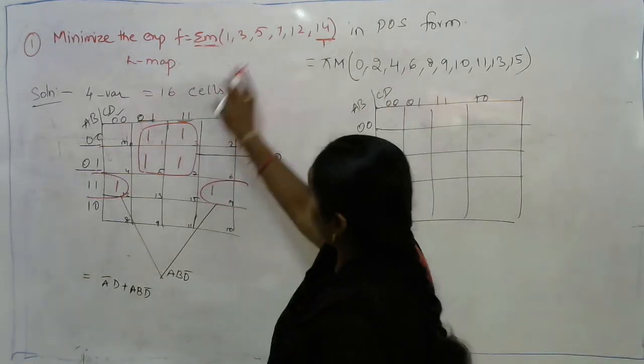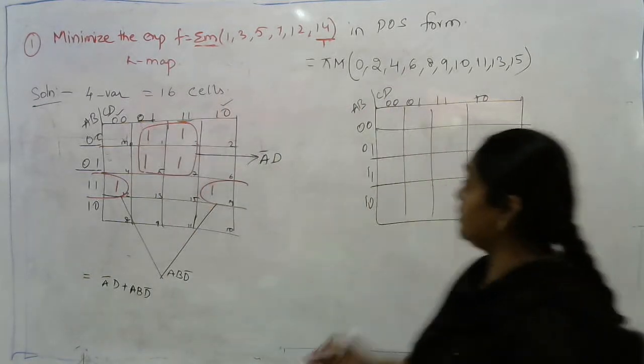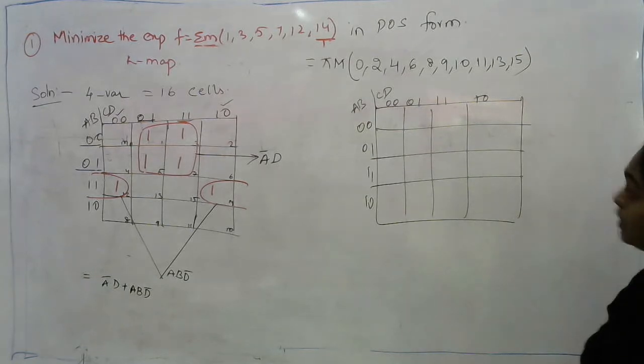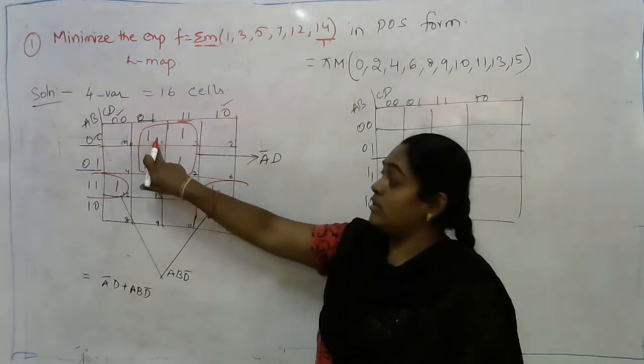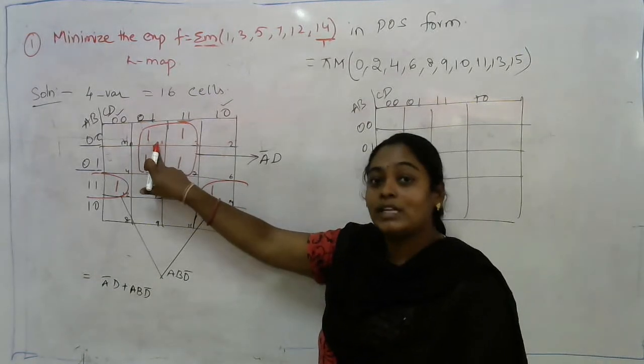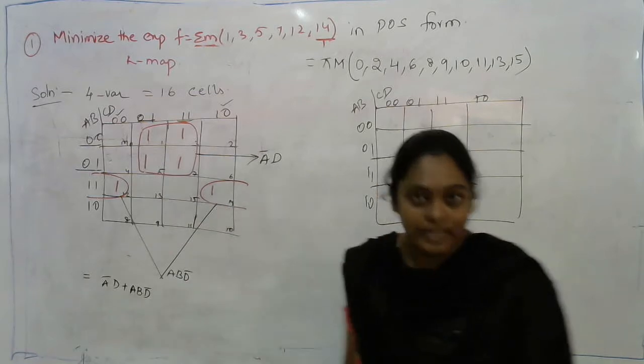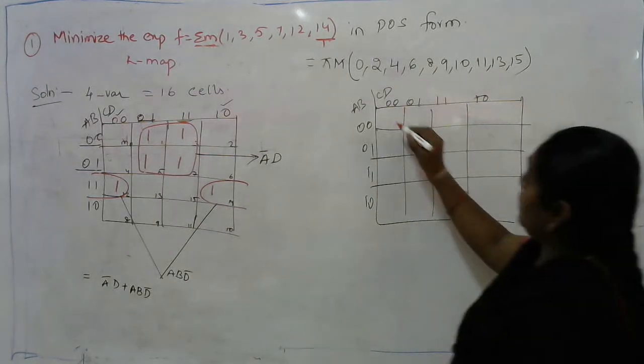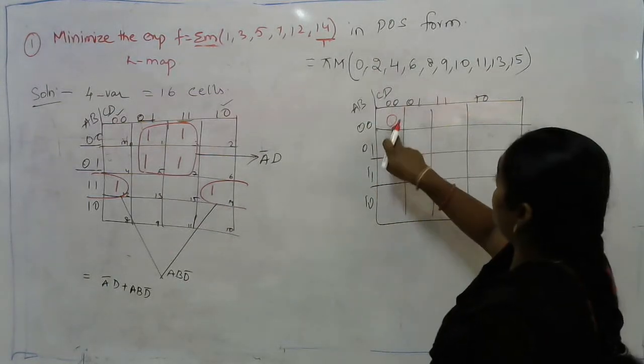In simple words, as I have drawn previously for the SOP, wherever the blanks are, I need to place it as a POS. Always remember one thing: if it is the SOP expression, there we plot that bit as 1. If it is a POS form, that bit should be equivalent to 0. So under those numbers I am writing 0.